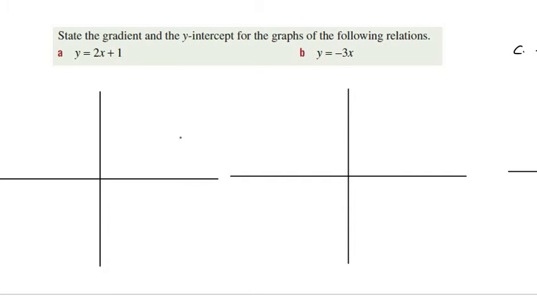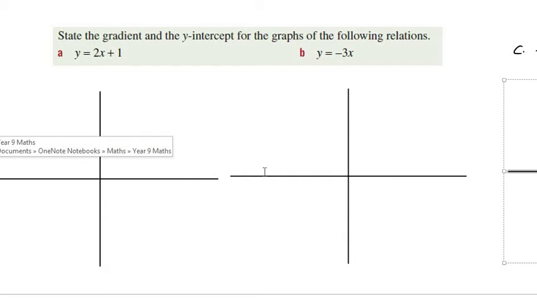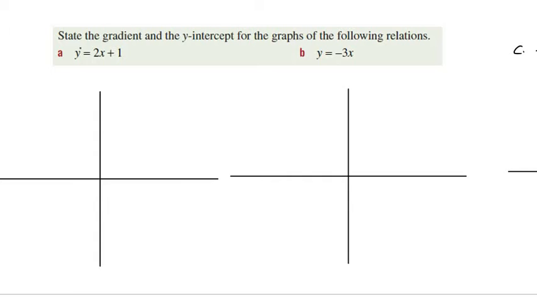Now, this is a supporting video for the gradient and intercept format. What we have over here are some questions about stating the gradient and y-intercept for the graphs of the following relations.